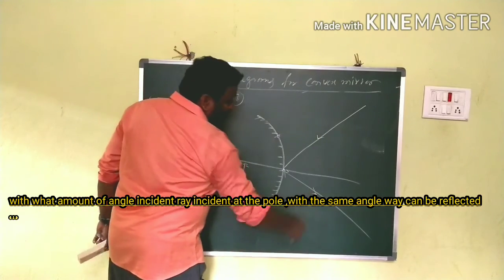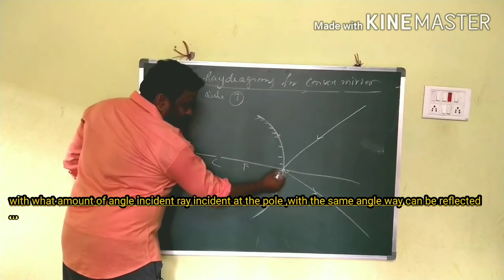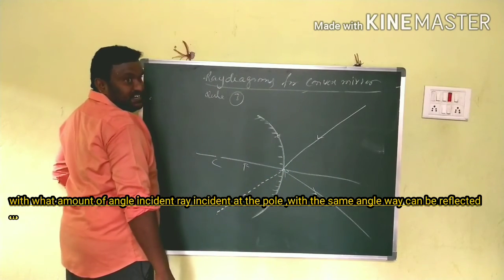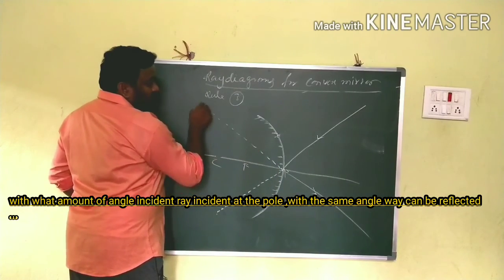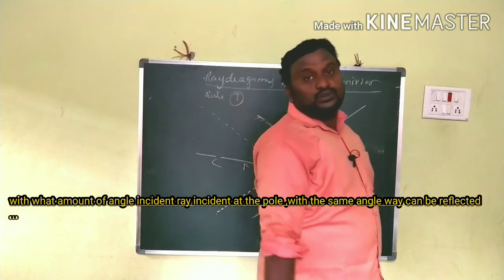So now here we can show them like this. This is the incident ray, that should be extended like this. Now this is the incident ray, and now this is the reflected ray. Again they have the same four rules.